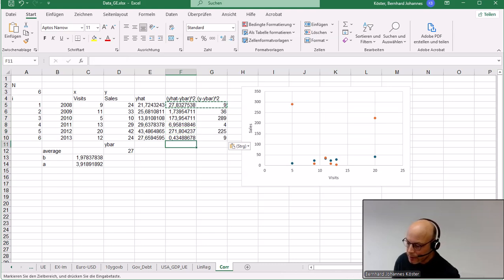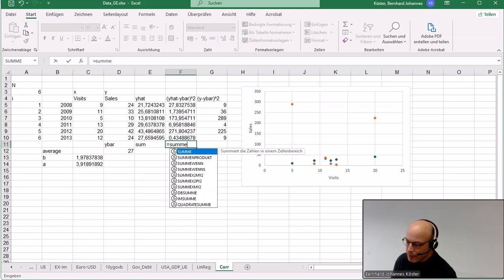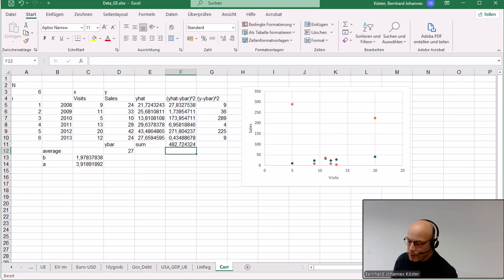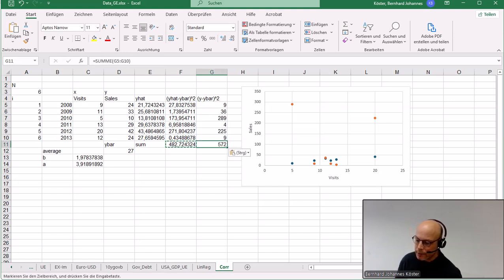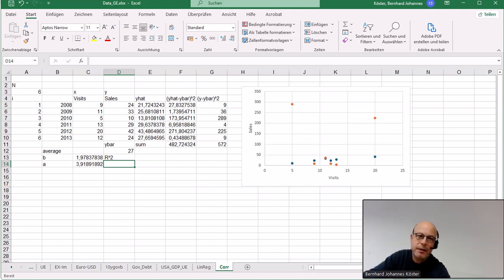and we need the sums of these two, equals sum of these and also sum of these, and then we obtain r squared as just 482 divided by 572.